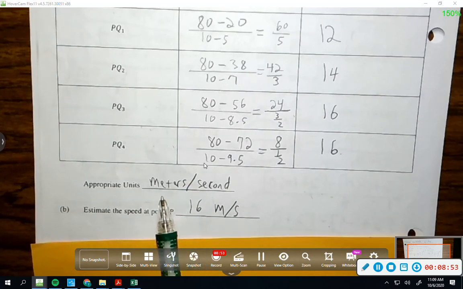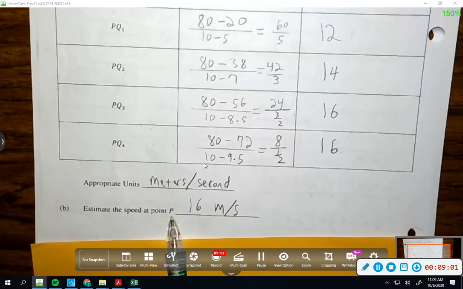And it also asks for the units of measurement in this problem, which is meters per second. So we're getting closer and closer and closer to finding the exact rate of change at point P as point Q gets closer to point P, just like with that limit definition of a slope that we talked about in section 2.4.